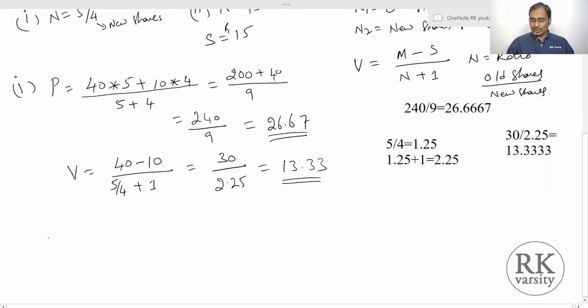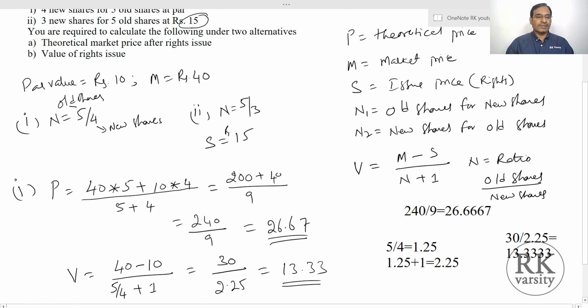Next, in option 2, P equals 40, the market price, times 5 old shares plus 15, the rights issue price. Here you see 3 new shares for 5 old shares at rupees 15.